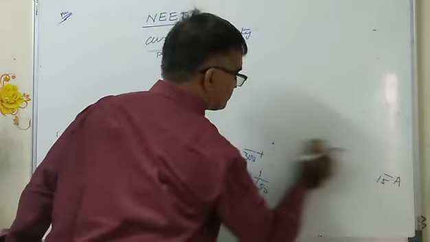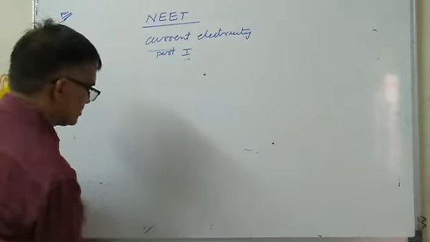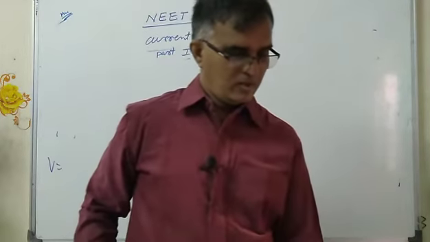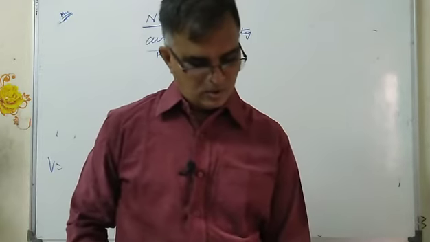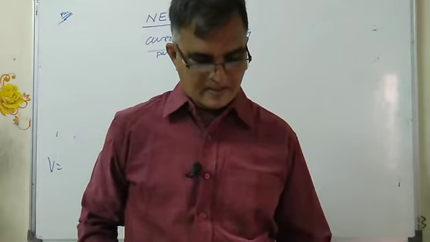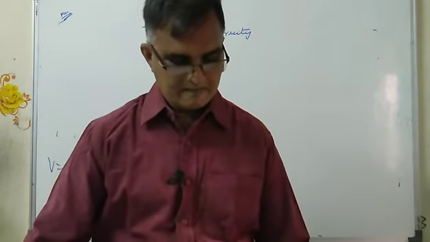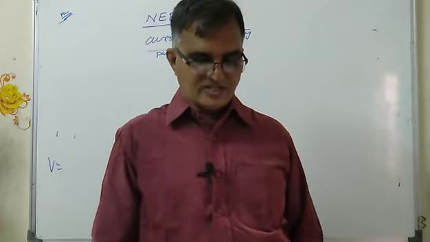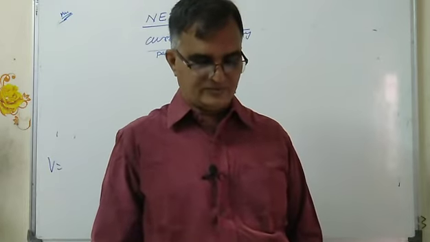Now next we have cells. Now in this, find the current passing through the 3 ohm resistor in the following circuit.